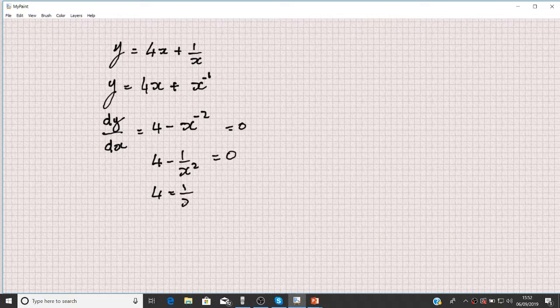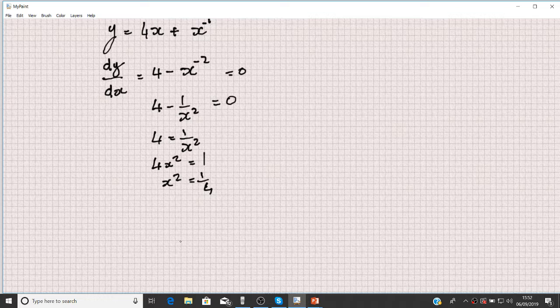So 4 equals 1 over x squared, and I can cross multiply by x squared, so 4x squared equals 1, x squared equals 1 over 4. Take the square root of both sides now, and I will end up with two values of x.